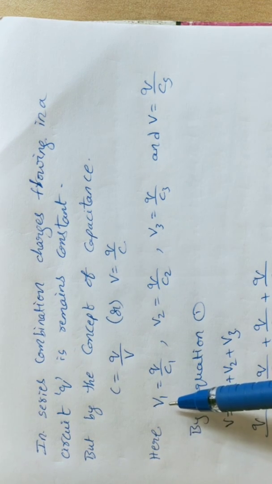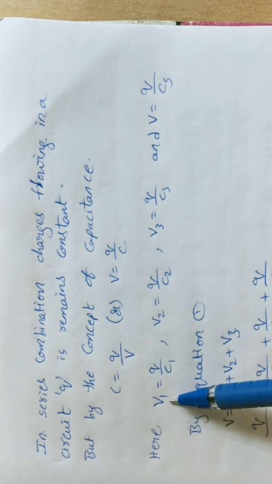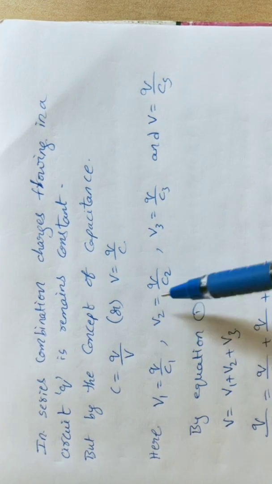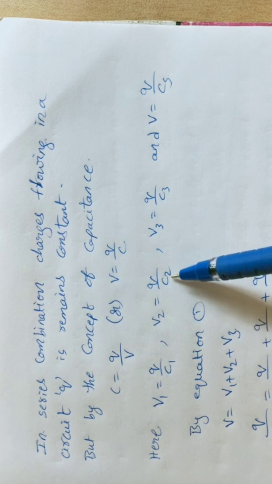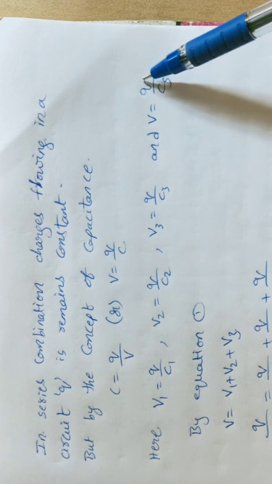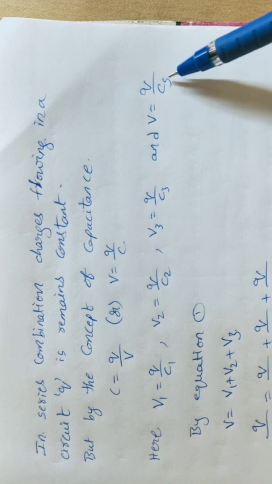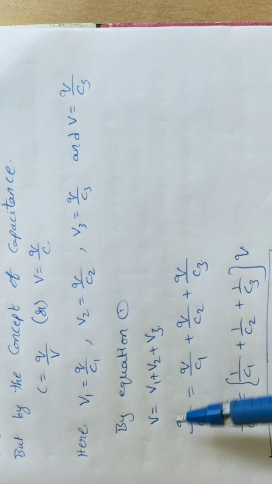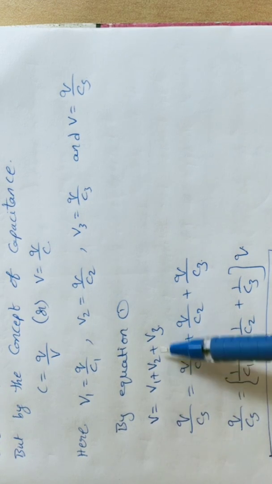So V1 equals Q divided by C1, since Q is constant. Similarly V2 equals Q divided by C2, V3 equals Q divided by C3, and V equals Q divided by CS. By equation 1 we have V equals V1 plus V2 plus V3.